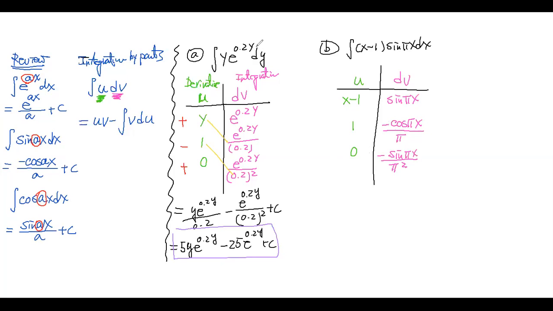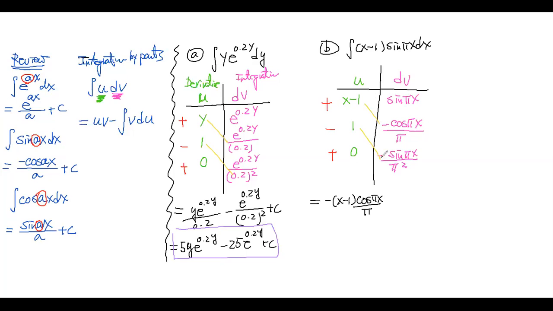Then you stop. The last step here, you put your signs, plus, minus, plus, right? Now the answer will be here. Let's write it out. The answer will be negative x minus 1 cosine pi x over pi.